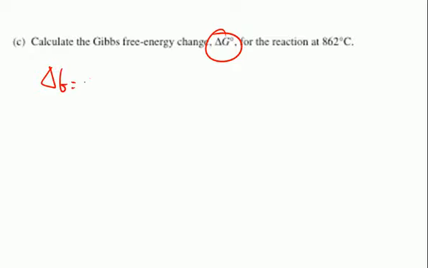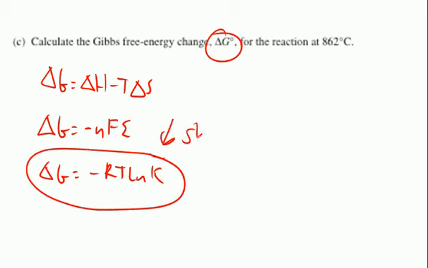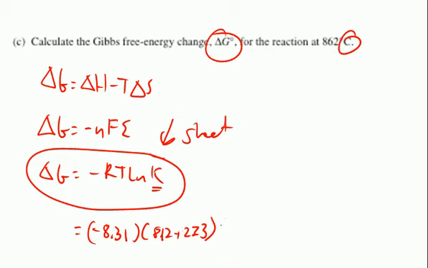Great, moving on. C, calculate Gibbs free energy. Delta G equals delta H minus T delta S, delta G equals negative nFE, and delta G equals negative RT ln K. You can get this from the equation sheet. We're going to use this one because we're talking about K in this case. We use 8.31 for R. Our temperature in Kelvin is 862 plus 273, because they give it to you in degrees Celsius.